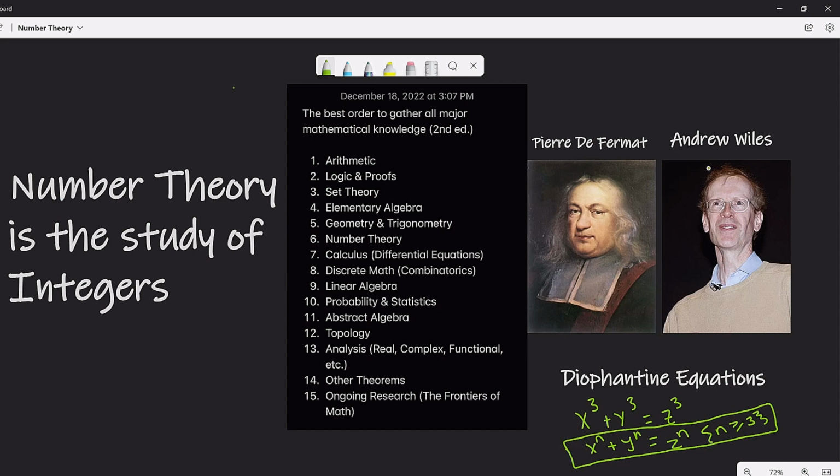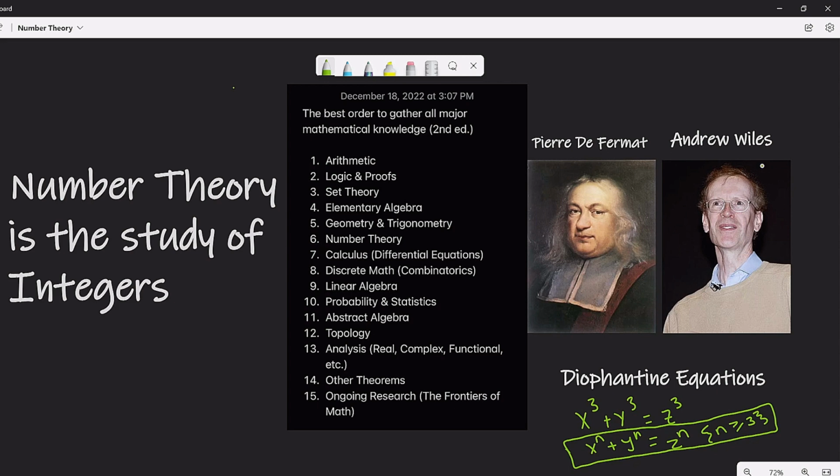Then a man named Andrew Wiles came along in the late 90s, and he dedicated his life to finding a proof for this very situation, and he was successful. His story is really fascinating, and it's awesome to think about and read about what Andrew Wiles did, because he did so in a time period that is so close to when we live now, whereas Pierre and many great mathematicians lived very, very long ago.